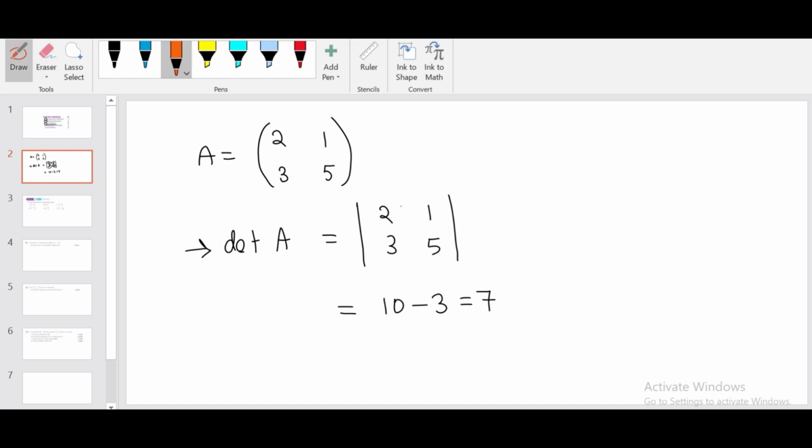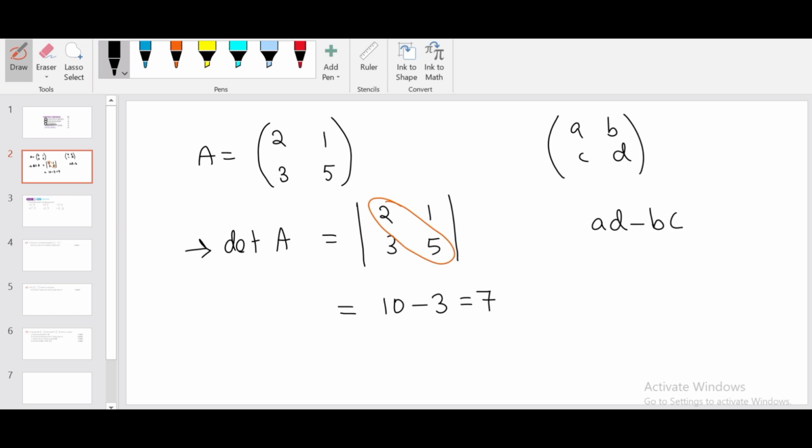Remember, you need to multiply the leading diagonal first. In general, if A is a, b, c, d, the determinant of A would be ad minus bc. Understand? Okay, if the determinant value of a matrix is 0, the matrix is called a singular matrix.